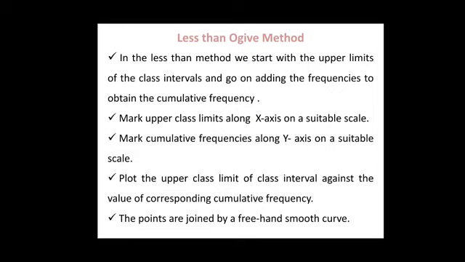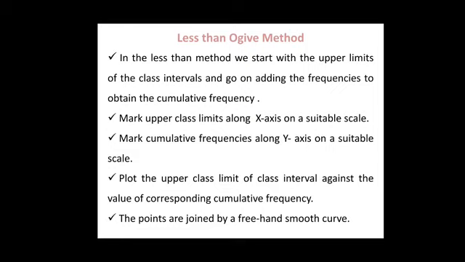Then mark upper class limits along the x-axis on a suitable scale. Mark cumulative frequencies along the y-axis, or we can say vertical axis, on a suitable scale. After that, plot the upper class limits of class intervals against the value of the corresponding cumulative frequency.